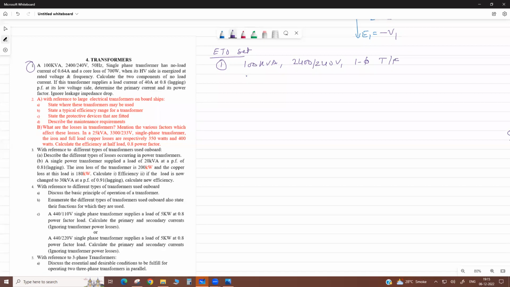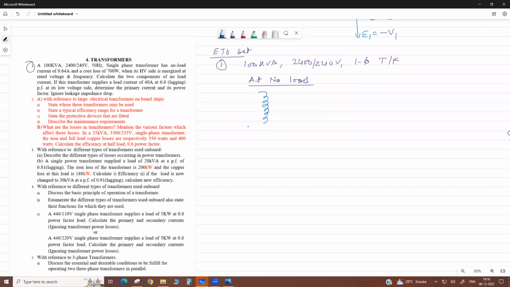Now we said that at no load, okay, at no load condition. Suppose this is your transformer at no load.